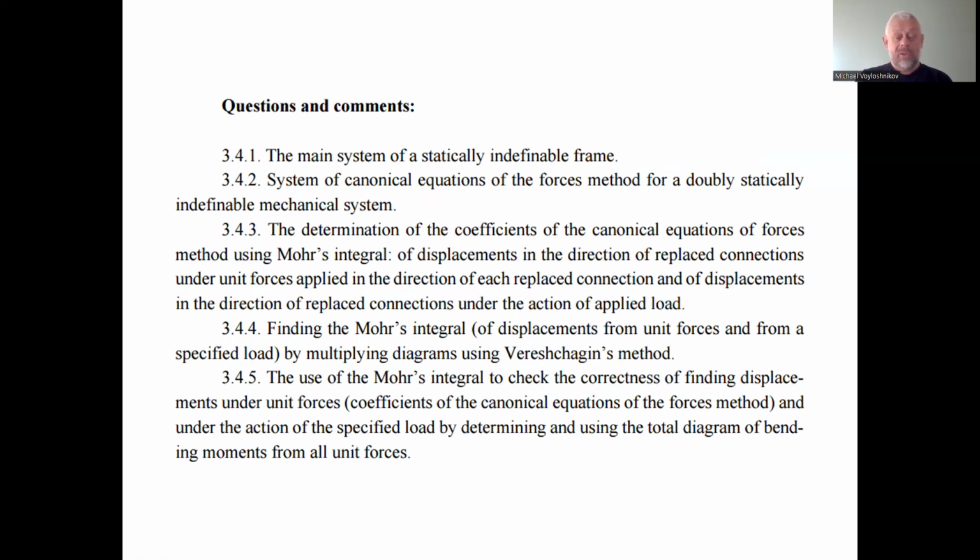3.4.2 System of canonical equations of the forces method for a doubly statically indeterminate system. We have two canonical equations for a doubly statically indeterminate mechanical system, and we have two unknown variables known as the forces, and we have the factors for each variable in each canonical equation. The factor is a displacement in the direction of the action considered for the definite equation, in order in the system of the canonical equations. And the second index is the index of the effort we considered, which causes the displacement in the considered direction.